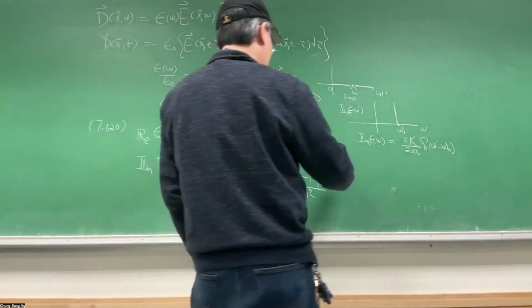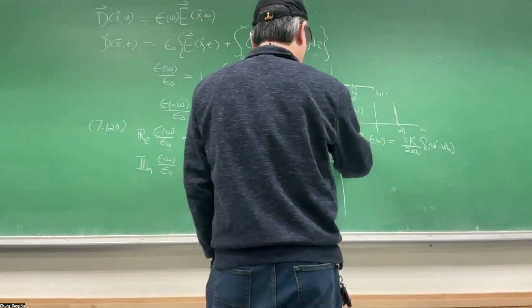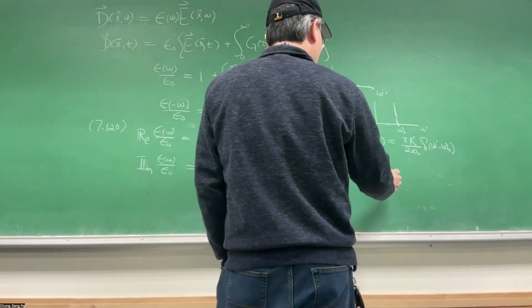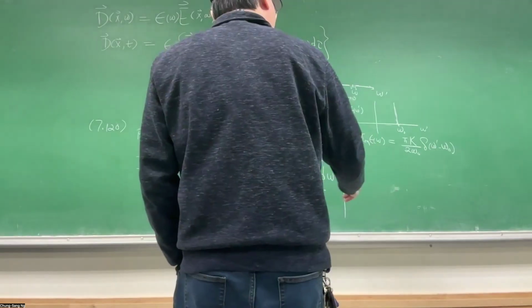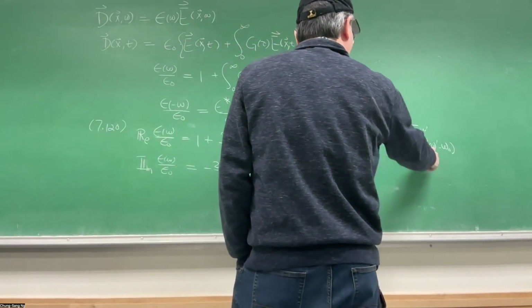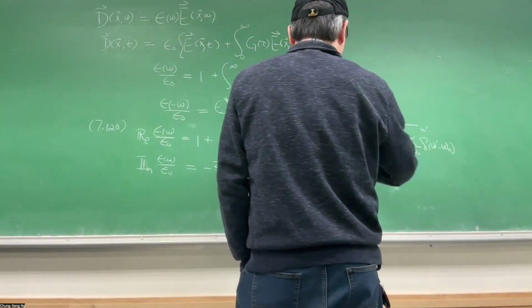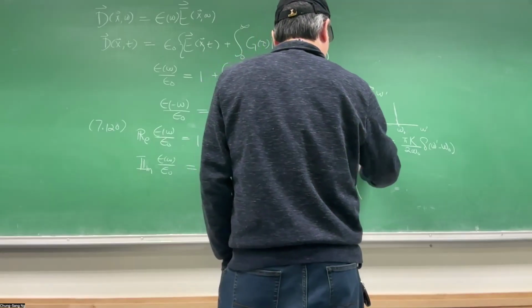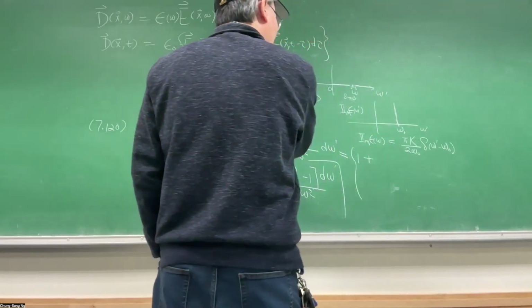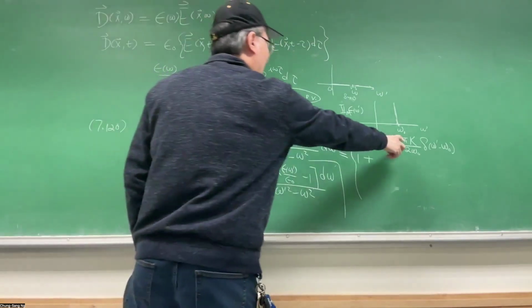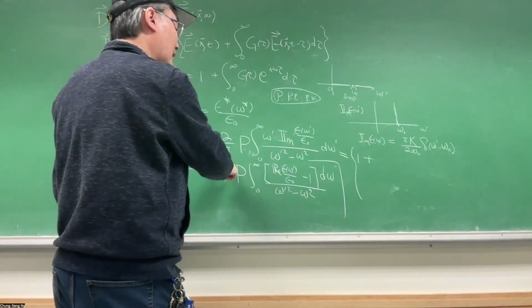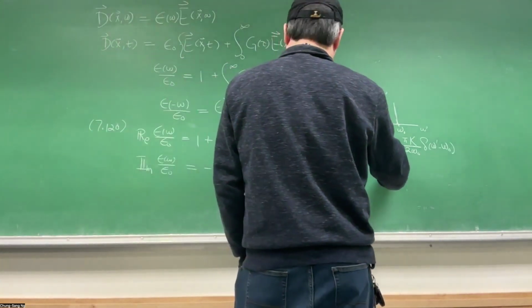So the final result is that if you substitute this into that, for omega zero not equal to omega, you get just 1 plus, putting everything here, pi over 2 cancels this 2 over pi, and then you have k.